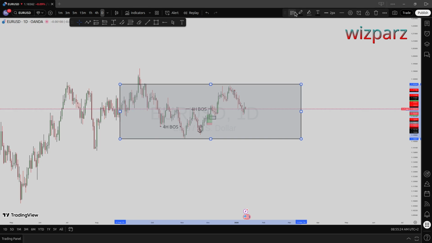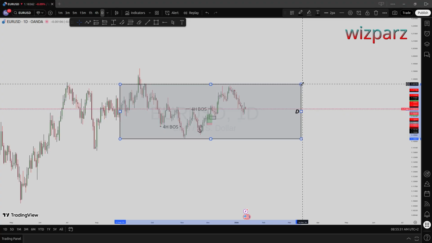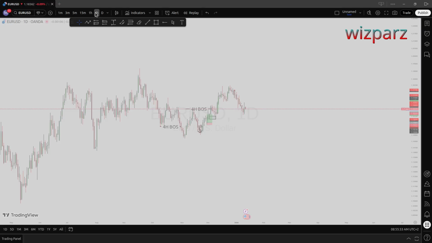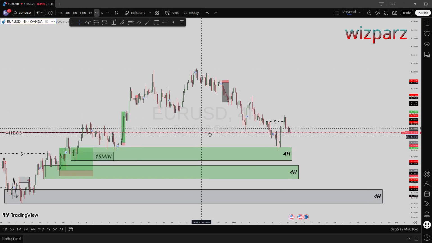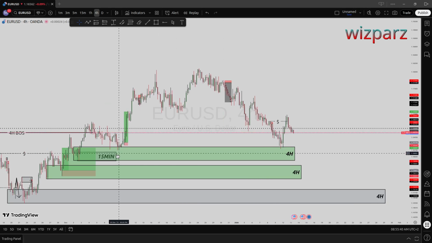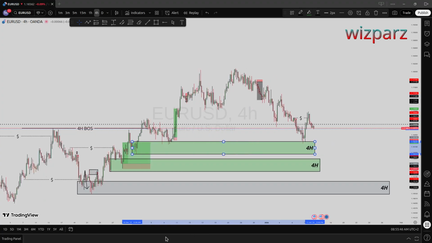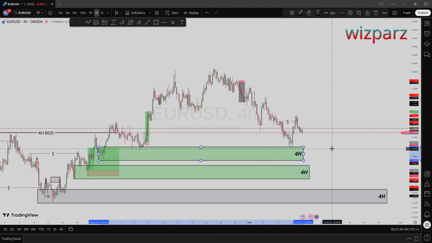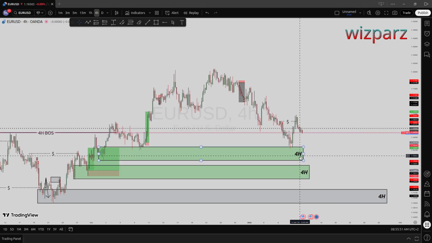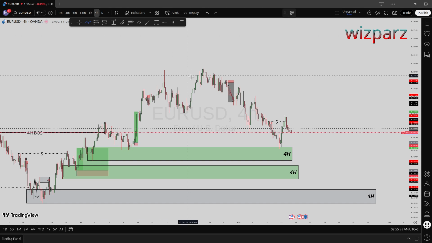This is more likely a range on daily, and if you scale to 4 hours, there is still no clear direction, no clear trend. This is the first demand area of 4 hours, but it is still likely that the market is going to break this demand area, because the big move comes from the upside.